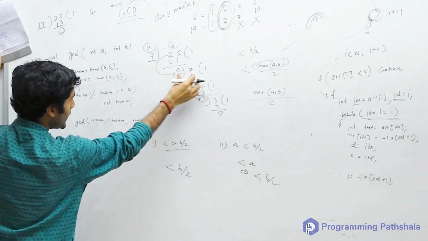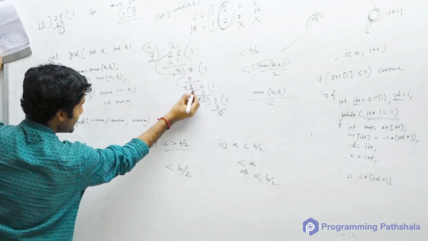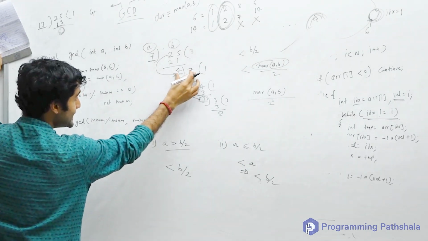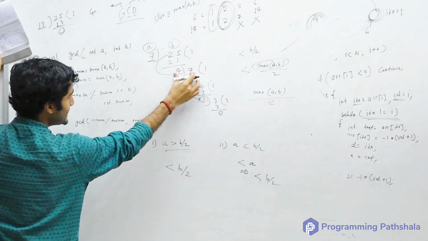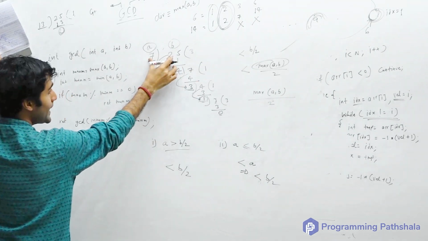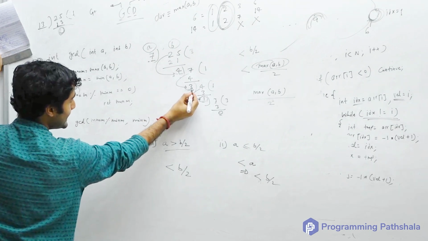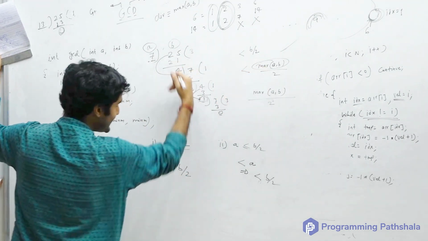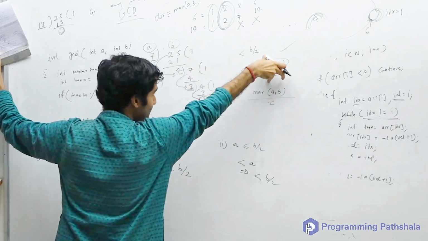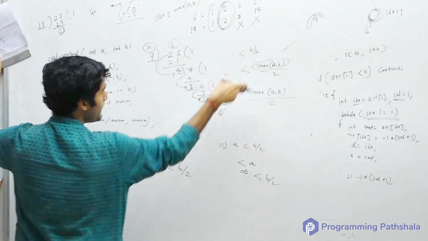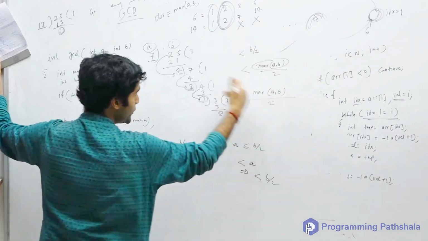Now again, the new divisor at the next level would be smaller than max of this and this, and max of this and this will definitely be smaller than max of this and this. So again, whatever value I will get will strictly be smaller than max of this upon 2. At the next level, it will be smaller than max of this entire thing upon 2 square. At the next level, upon 2 cube, and so on and on.